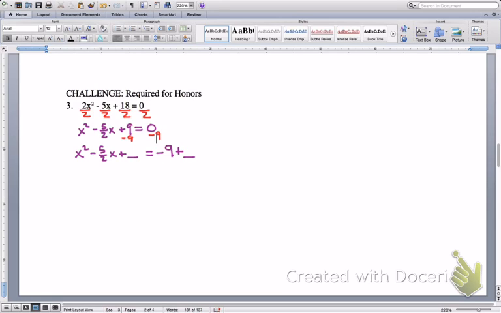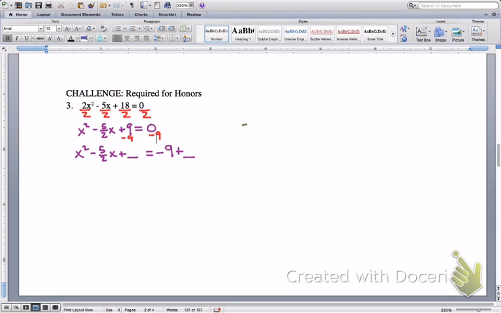So again, 5 halves, what's half of 5 halves? And then we're going to square it. Since it's a fraction and we're dividing a fraction by another number, it gets a little tricky, so I'll do it on the side here. 5 halves divided by 2. Since it's already a fraction, you're just taking the denominator and multiplying it by 2.